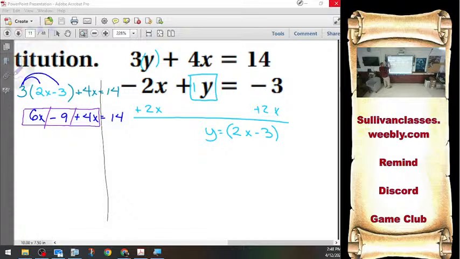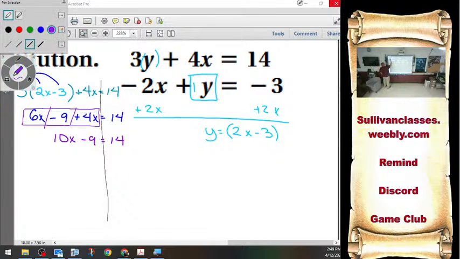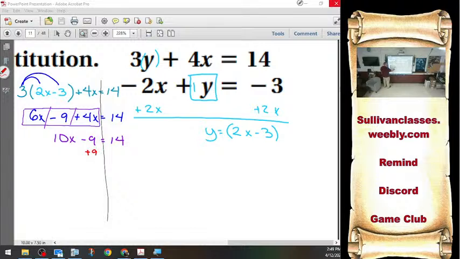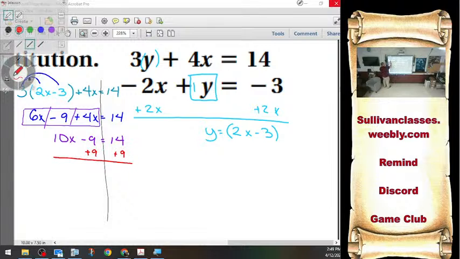Put them together. 6x's and 4x's is 10x's. And then play the who's lonely game. 14, all by himself. So we'll add 9 over. Bring him a date. We're going to live in his mom's basement until he's 40.